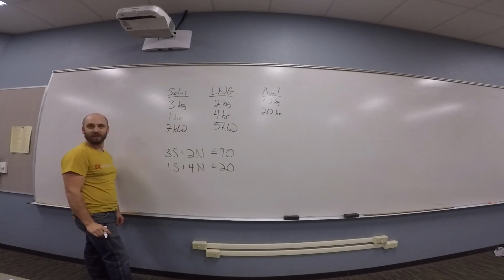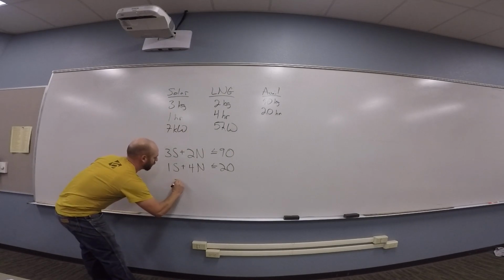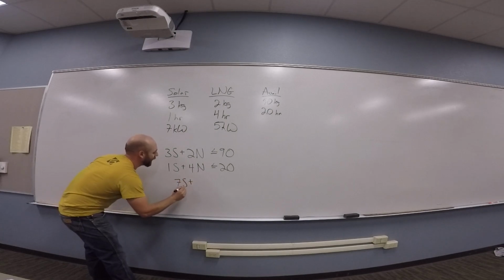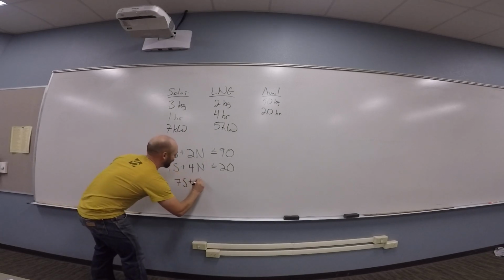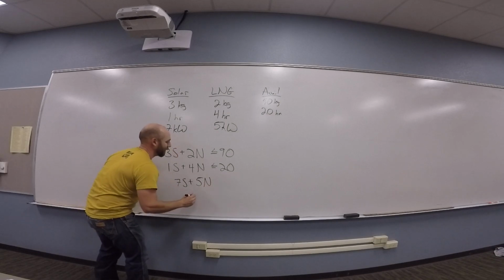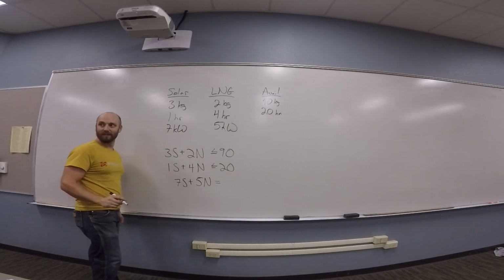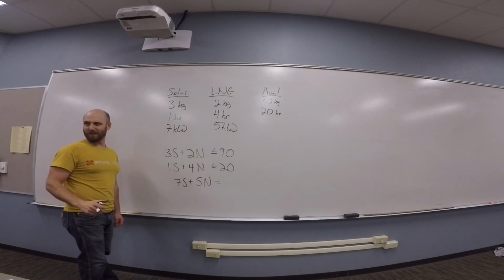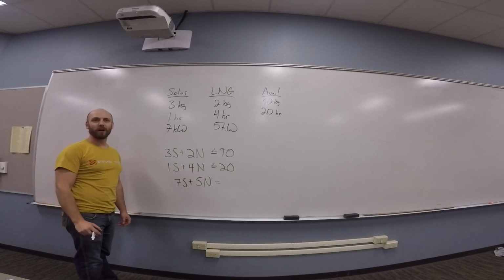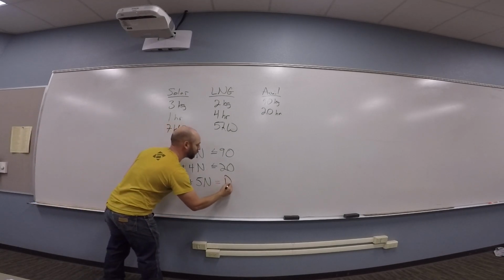And 7s plus 5n, that should be your production, right? So I'm going to call this equals P.